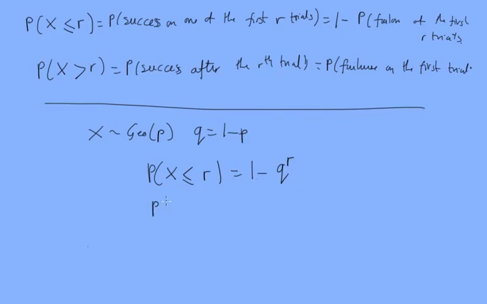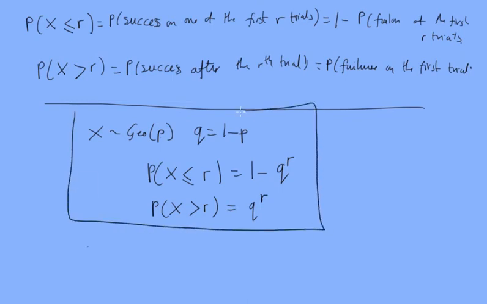And the probability that X happens after some rth trial is just the probability of a failure raised to the power r. And this is something that you need to be able to pull out and just be able to use.